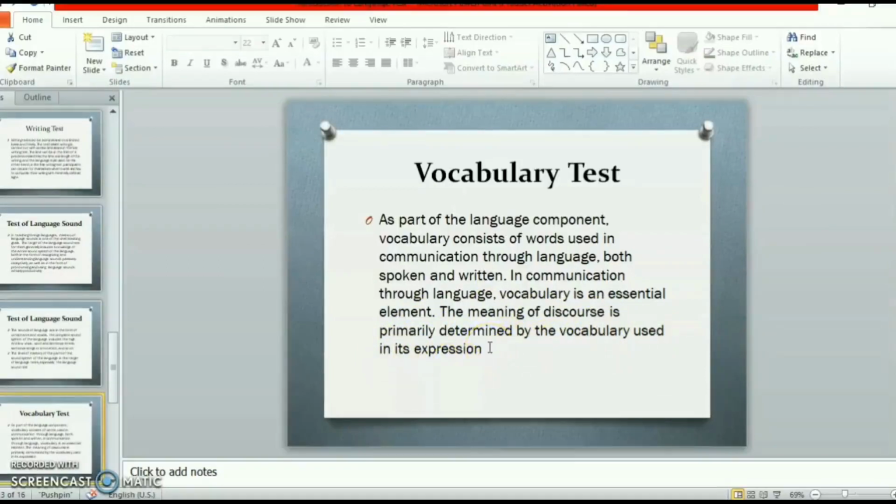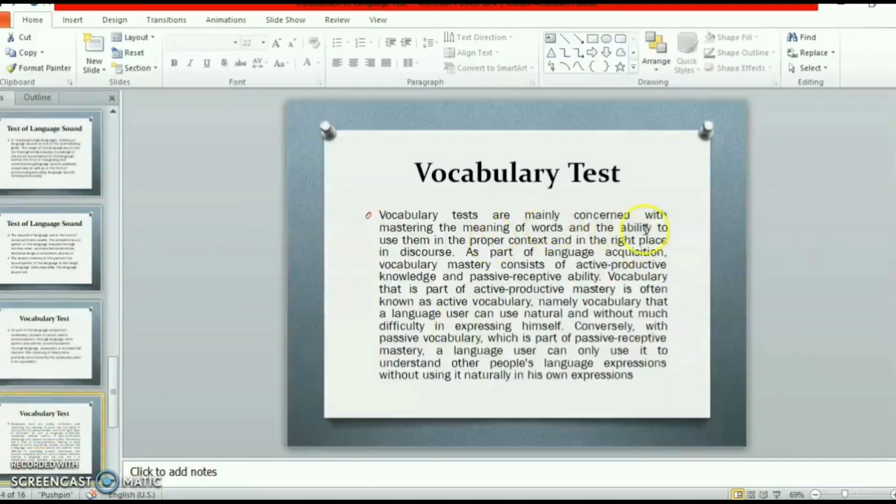So the vocabulary test is one of the language components which are measured both in the spoken and written language skills. So spoken skills refers to listening and speaking. Written language refers to writing and reading.